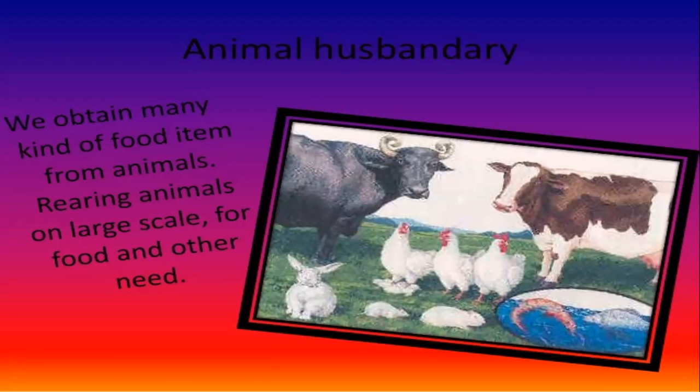It means a big area, like the one where we grow crops, where the same type of animal is grown. That process, where we obtain many kinds of food items from animals and rear animals on a large scale for food and other things, is called animal husbandry.